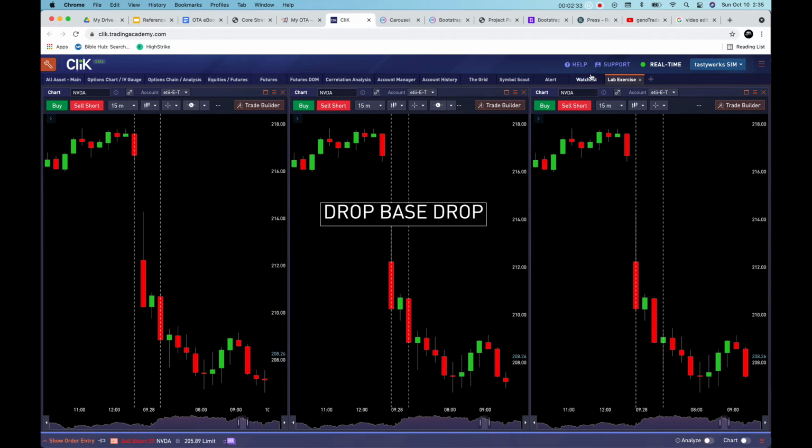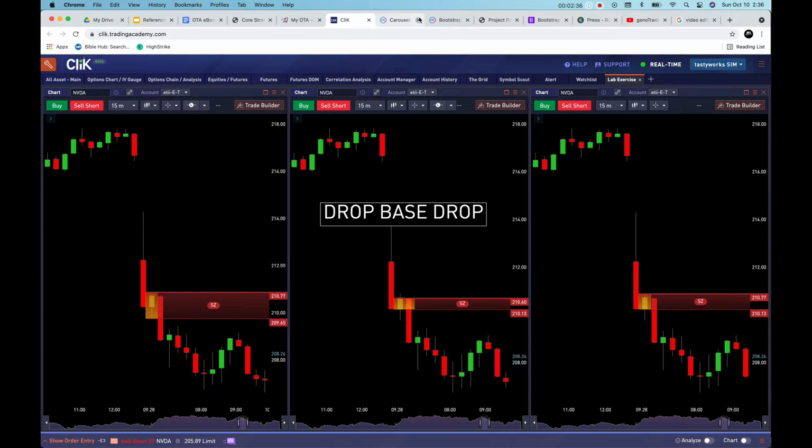All right, so now I'll get rid of the vertical lines and you will see if you can determine which supply zone is drawn correctly. All right, we have our 3 zones drawn for each chart. And again, when identifying the correct zone, we want to think about what is the preferred method for drawing out the zones.